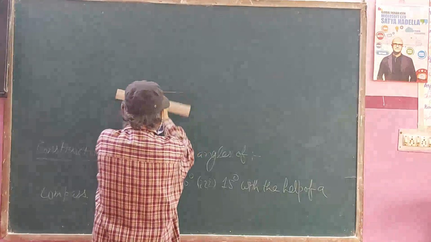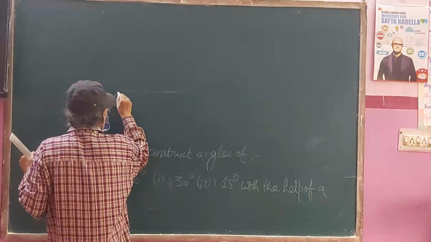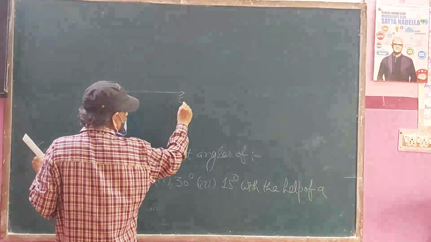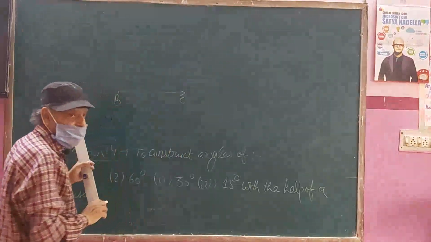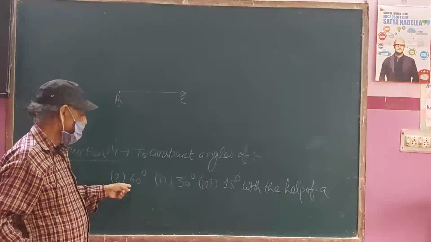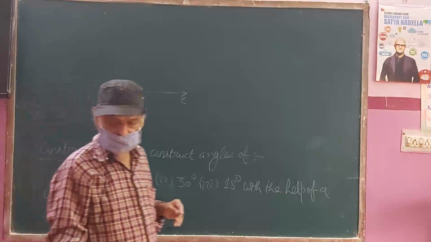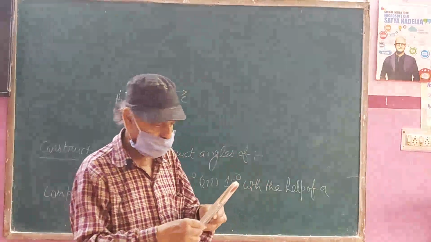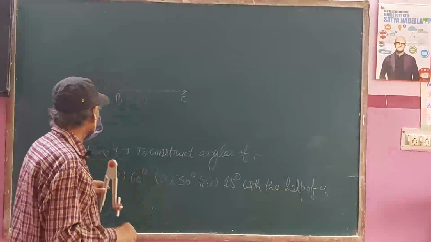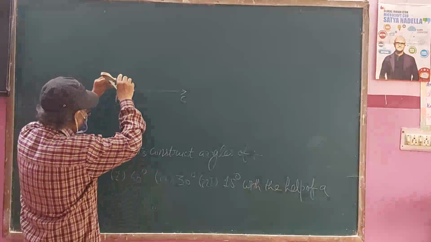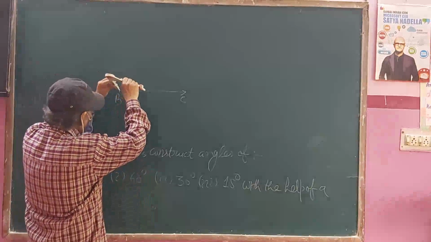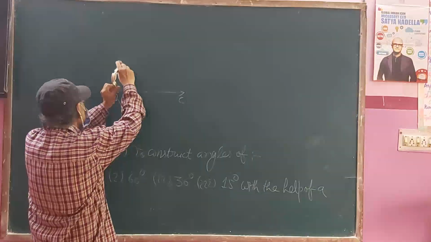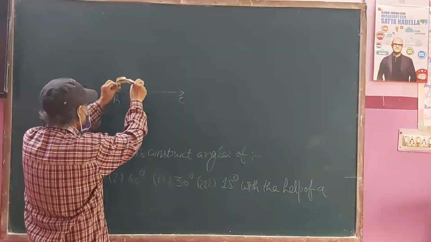It is a ray. You can show this B and this is your arrow mark, BC. BC is the ray, and you will have to make 60 degree, very easy. Just take your compass, put your non-pencil end here at B and draw. Open it sufficiently so that a clear-cut arc may be drawn.